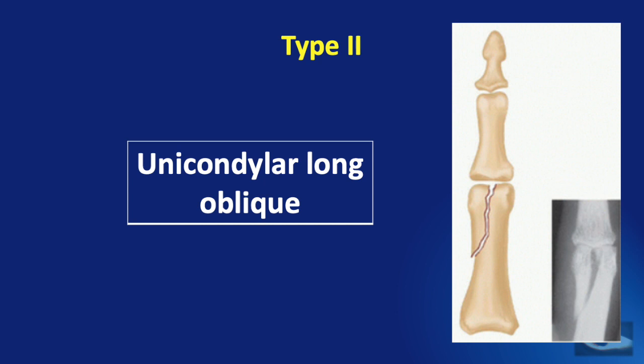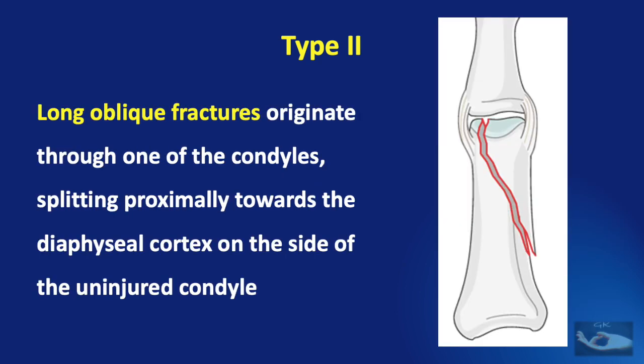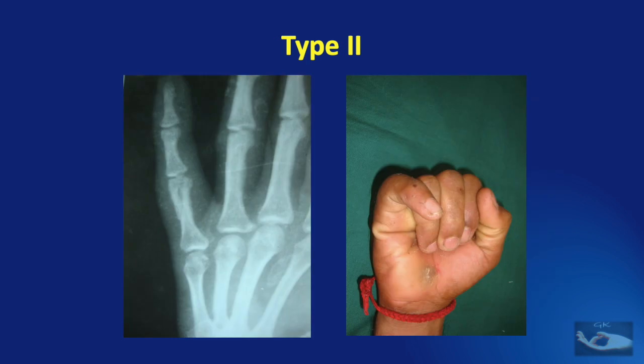Under Weiss and Hastings type 2, the unicondylar long oblique fracture is seen. This is also an unstable fracture. These long oblique fractures typically originate through one of the condyles, splitting proximally towards the diaphyseal cortex on the side of the uninjured condyle. This can be clearly seen in this example.